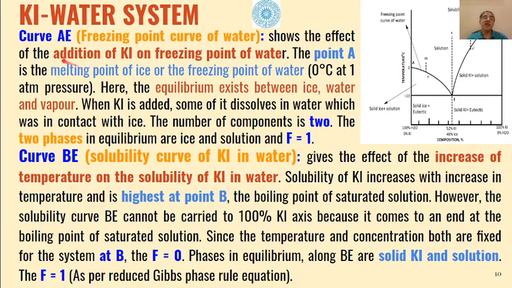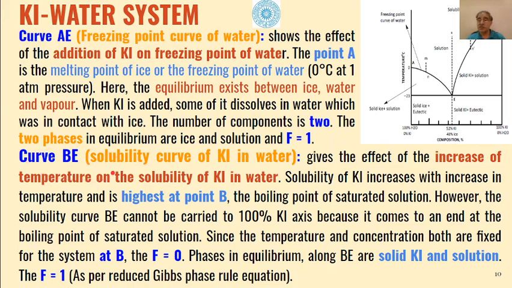Now here in the KI water system, there are two curves, curve AE and curve BE. Curve AE is the freezing point curve of water and curve BE is the solubility curve of KI in water.